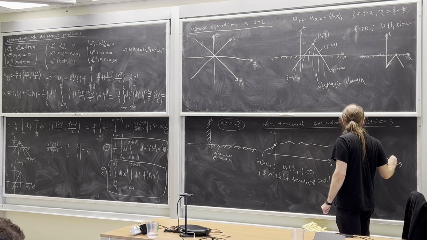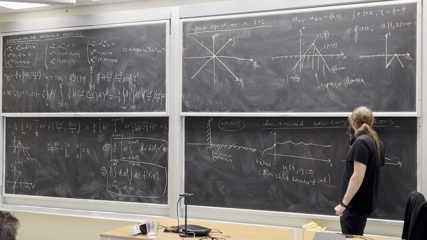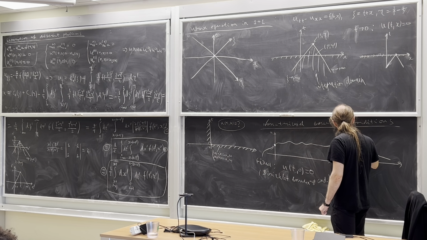So this ring is massless, and so the projection of a force onto this vertical axis should be zero, which means that the x derivative of u should be zero. That is, u_x of t and 0 equals 0. It's called Neumann.